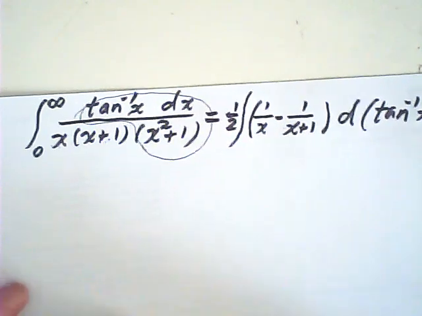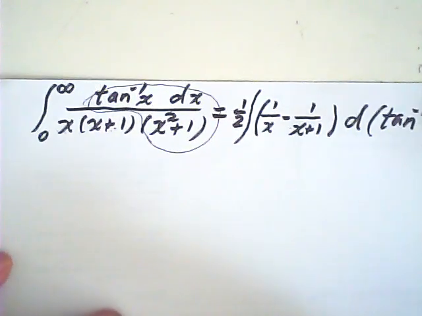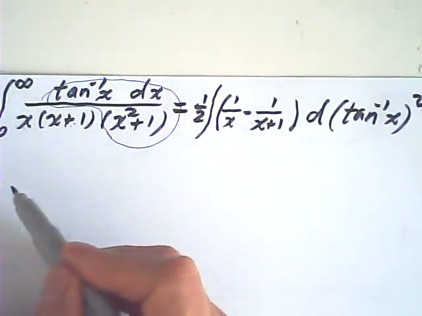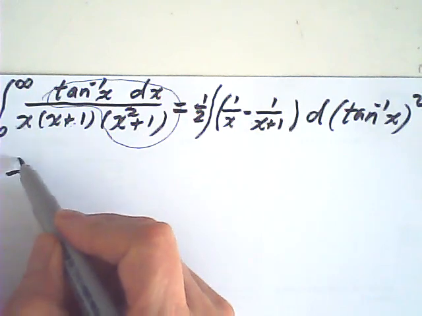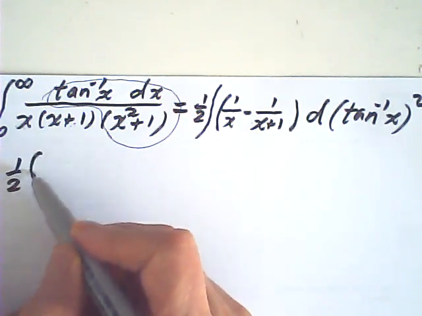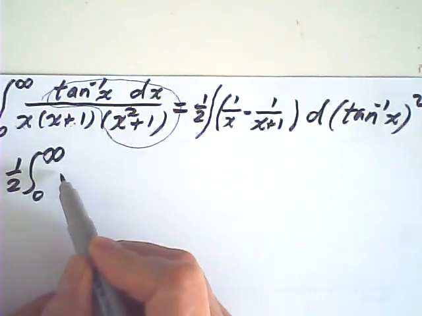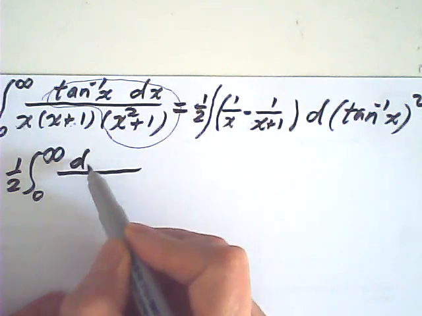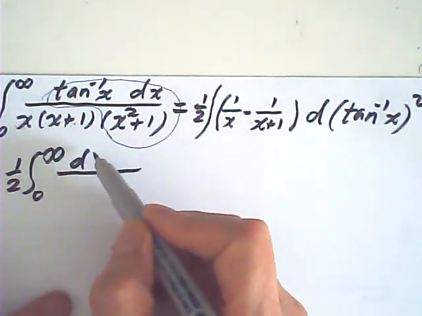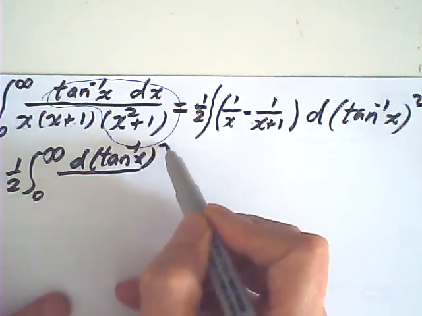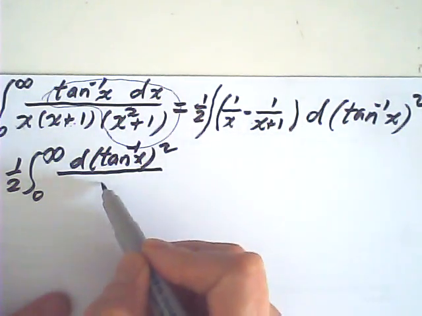Yeah, good. So then this one has two parts. The first one is 1/2 integral from 0 to infinity of d arctangent squared x over x.